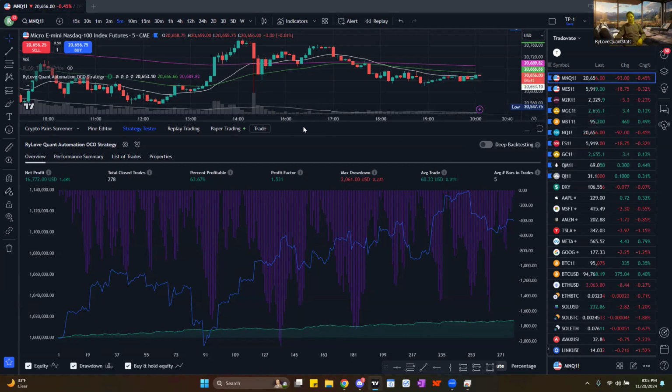The micro is $1, I believe, if I remember correctly. So hopefully that answers that question. And gold is $100 per 1 point on the full contract, and on the micro contract it's $10 for 1 point. So quite a big difference.